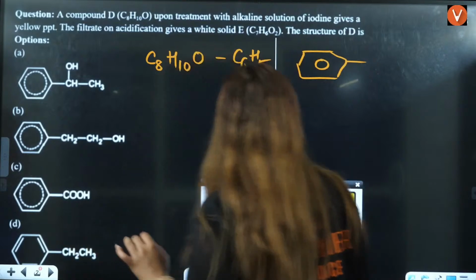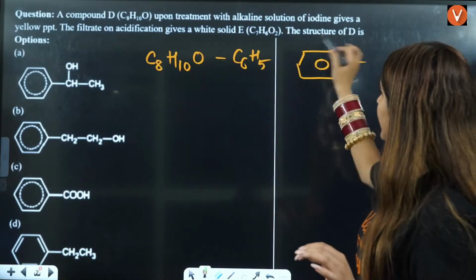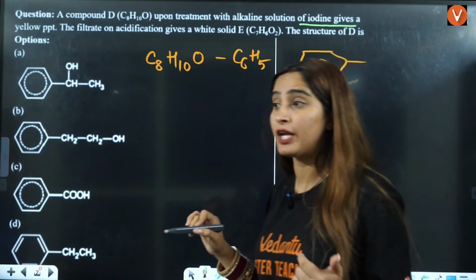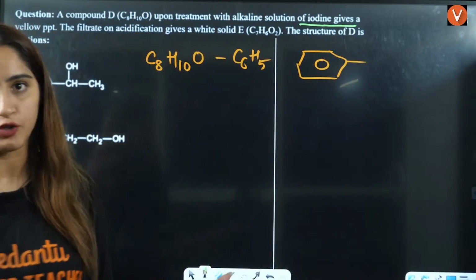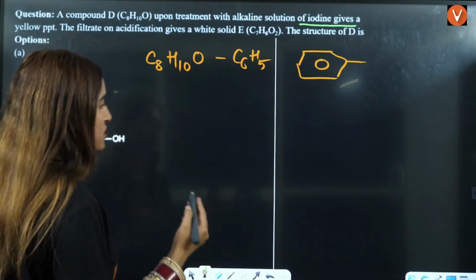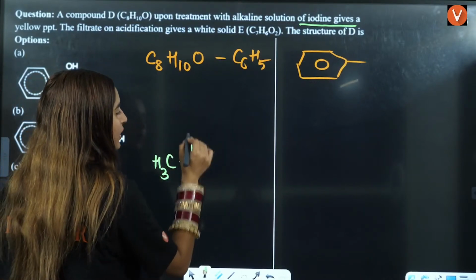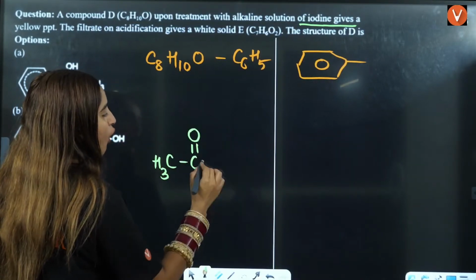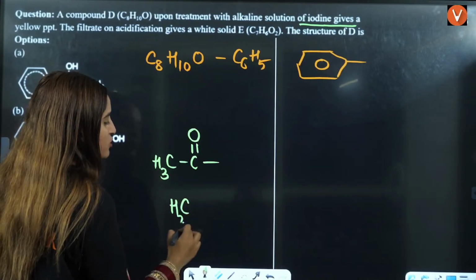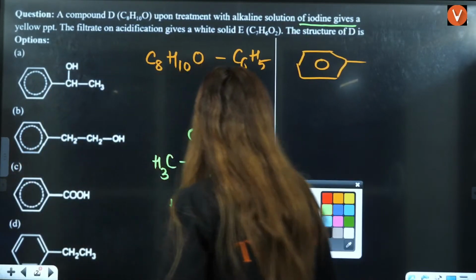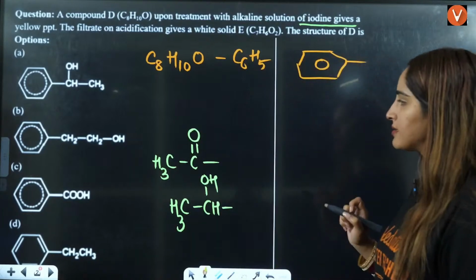Now they are saying that this compound D is going to give you a yellow precipitate when you react it with iodine in alkaline solution. That means the iodoform test is positive. And the iodoform test is positive if you have this group, COCH3, or CH3CH(OH). So we need to have either of these groups in the answer.